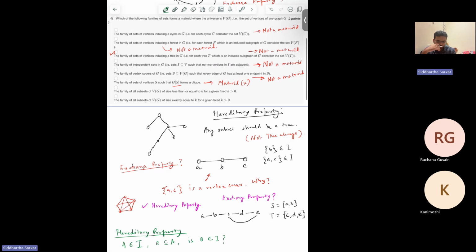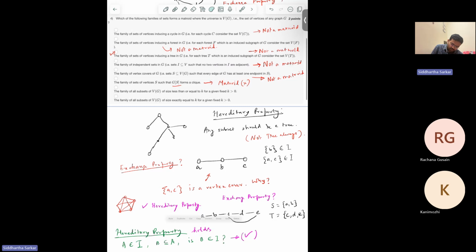The size of the subset should be less than or equal to k. Because A has size less than or equal to k, any subset of A should also have size less than or equal to k. So that is immediate. Therefore, the hereditary property is holding true.